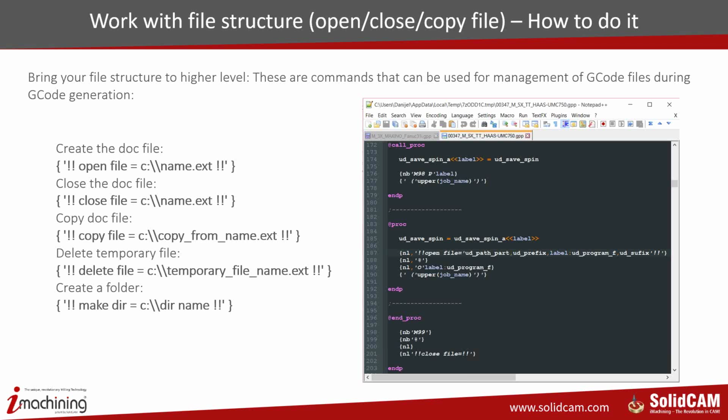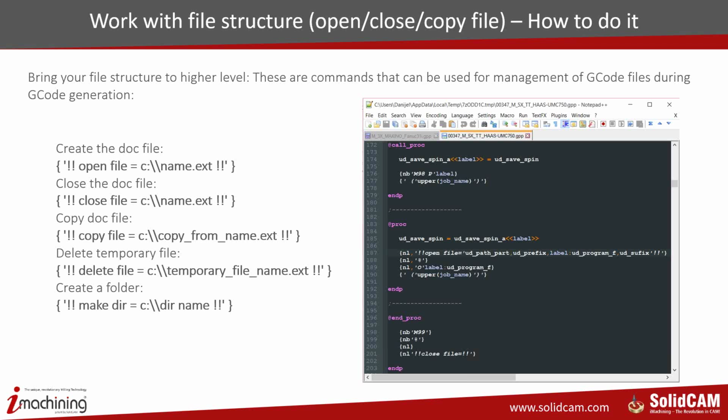Also, in every post-processor the information comes starting from the top to the bottom. And what if some of the information from the bottom you want to print on the top? So you need to store this information in some specific file, and then at the end copy it to the top.